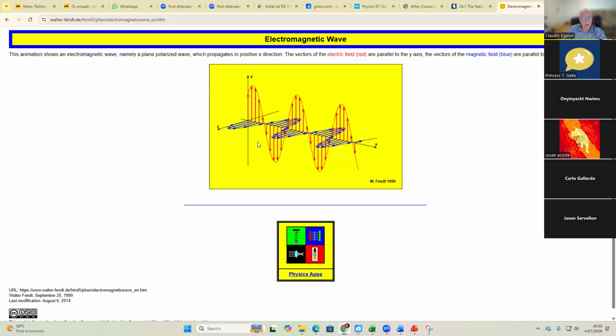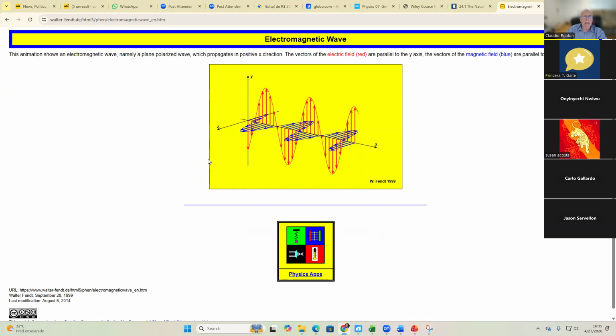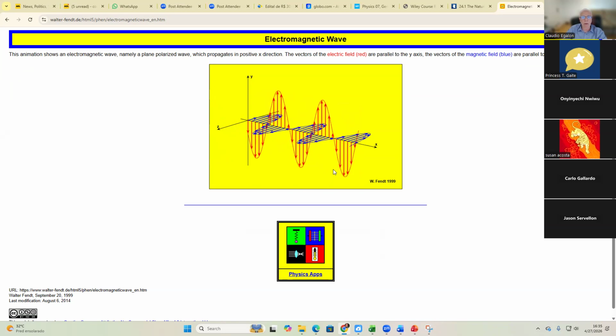Here he doesn't show us the source, but you can think of that in terms of an electric dipole somewhere, generating this electromagnetic wave. The electromagnetic wave is made up of electric and magnetic fields. They are perpendicular to each other.